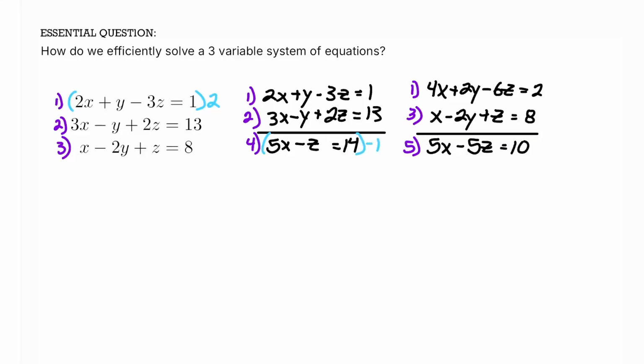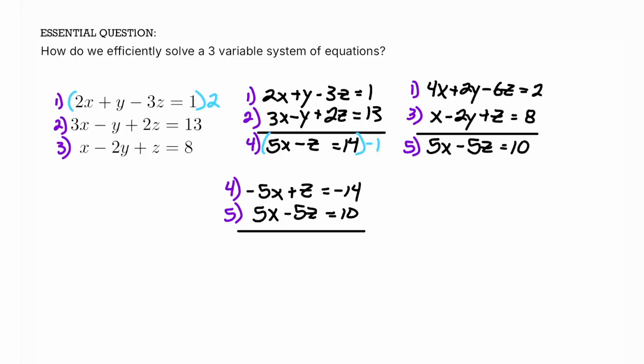So I'm going to multiply equation 4 by negative 1. That's going to give me negative 5x plus z equals negative 14. And then I bring equation 5. 5x minus 5z equals 10.